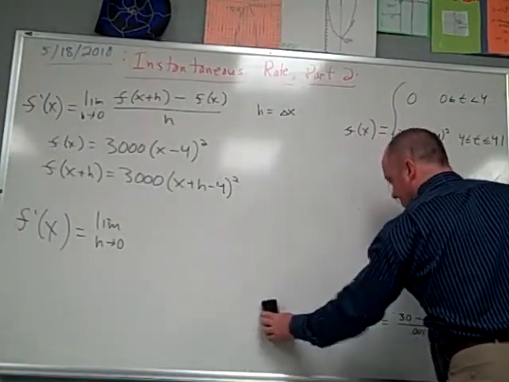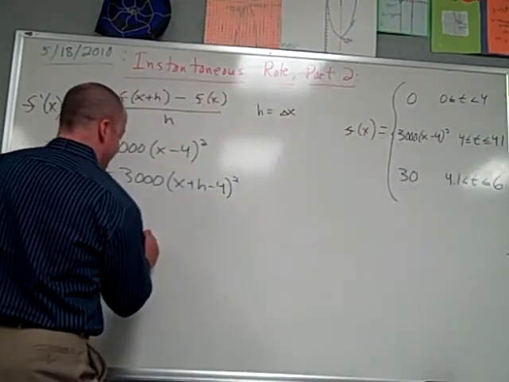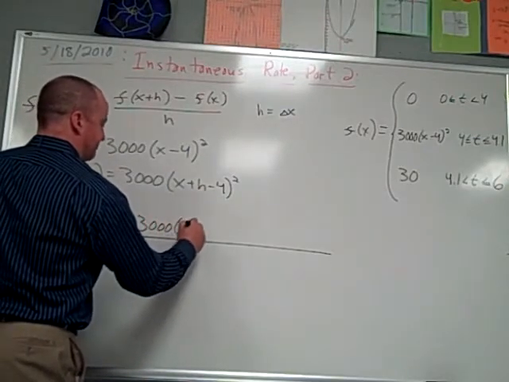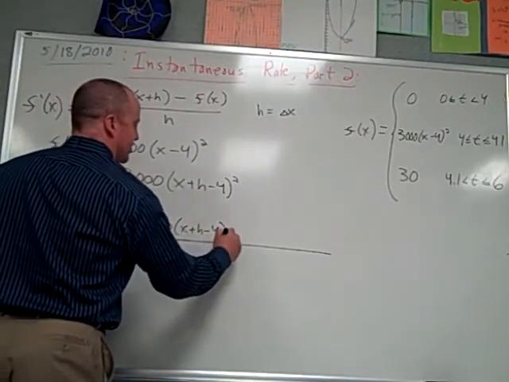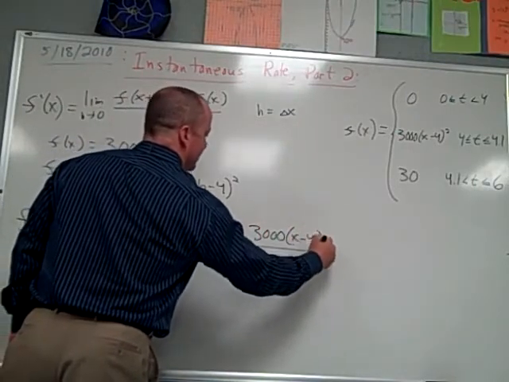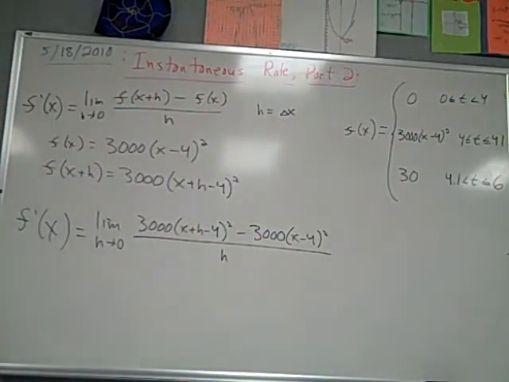Wait, so now are you just going to write those two together? Yep. So now I'm going to have 3,000 x plus h minus 4 squared minus 3,000 x minus 4 squared over h, and I'm going to find my derivative formula.